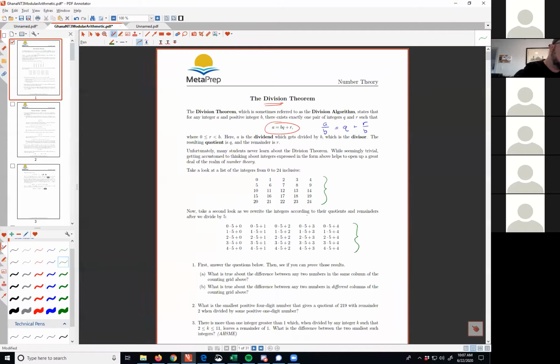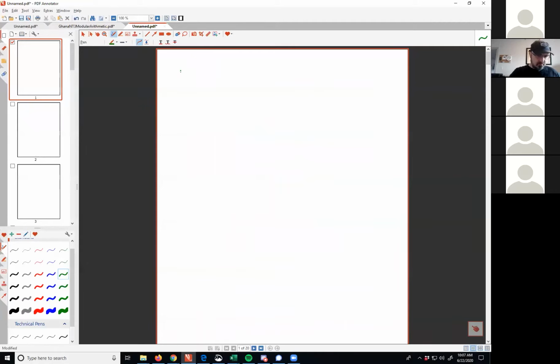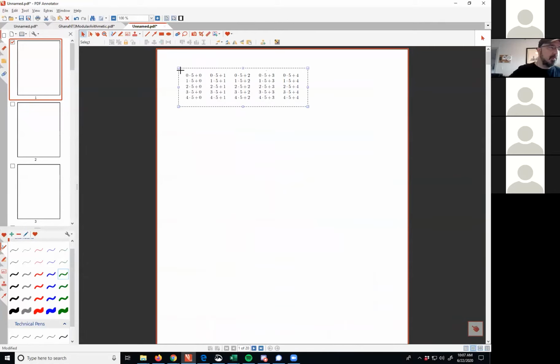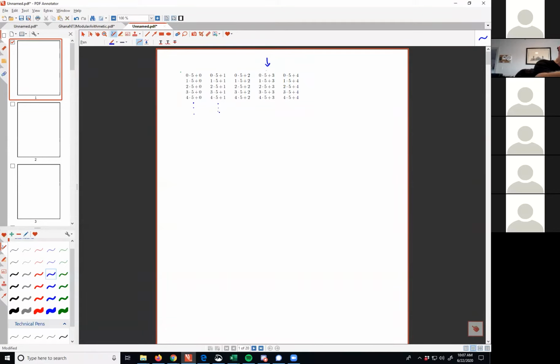Like if we look at the fourth column here, let me get ready to copy this to another sheet and we'll show that there. We're going to take any two numbers in this column right here and subtract them. I'm actually going to pretend these columns extend to infinity.